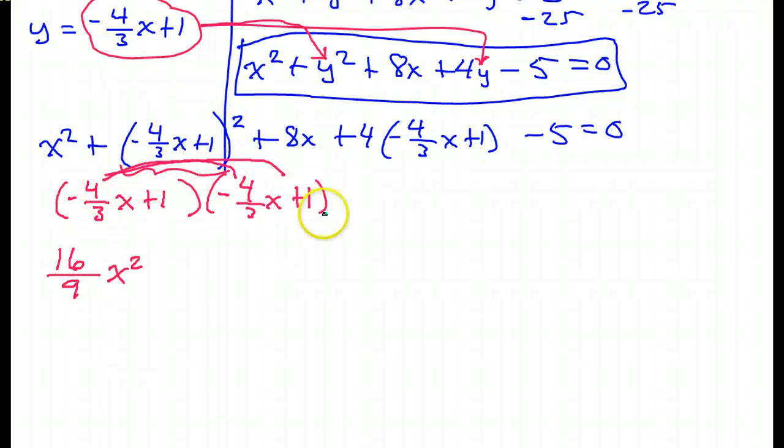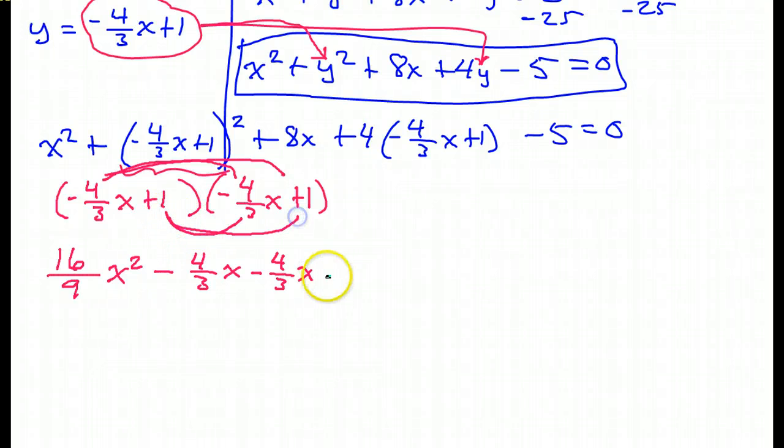Then 1 times negative 4 over 3 x gives negative 4 over 3 x. It's the same thing when I do 1 times negative 4 over 3 x, I get another negative 4 over 3 x. And then of course 1 times 1 is just 1. So all of this that I have is all this right here.